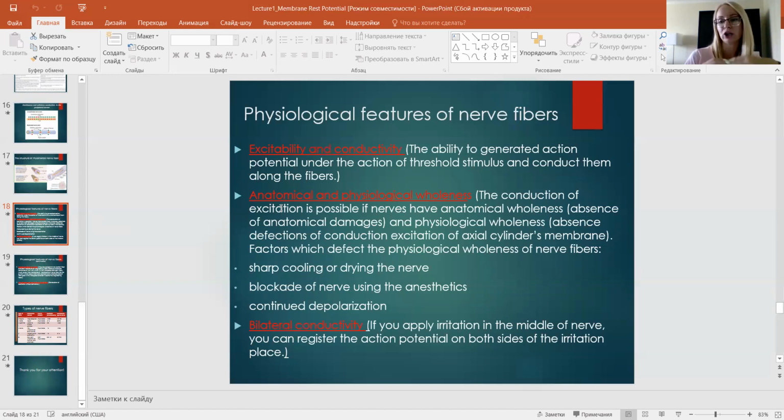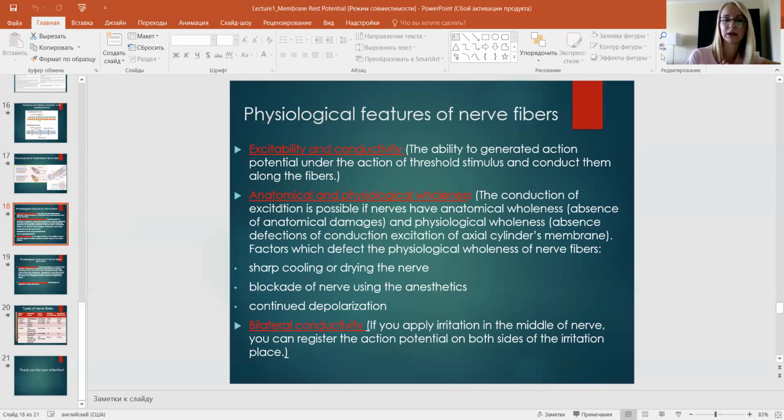It means that the action potential can spread only in, let's say, a healthy nerve fiber, only if the nerve fiber has no anatomical or physiological damage. Factors which can disrupt the physiological wholeness of nerve fibers are sharp pulling or drying of the nerve, blockade of the nerve using anesthetics, and continued depolarization.